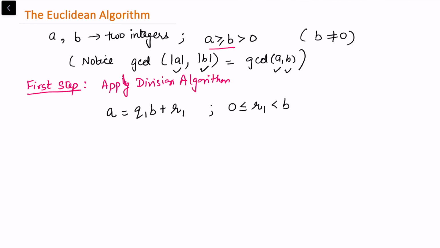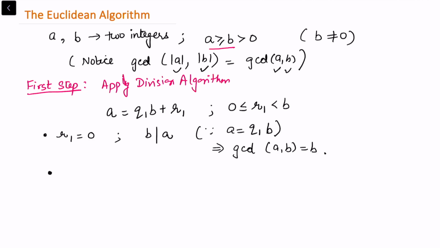Now there are two possibilities. If the remainder is equal to 0, we can simply say that b divides a, because a is a multiple of b, q1 times b. And since b divides a, we can directly write that the GCD of a and b is b. When r1 is not equal to 0, we want to divide b by r1, and we consider this as the second step.